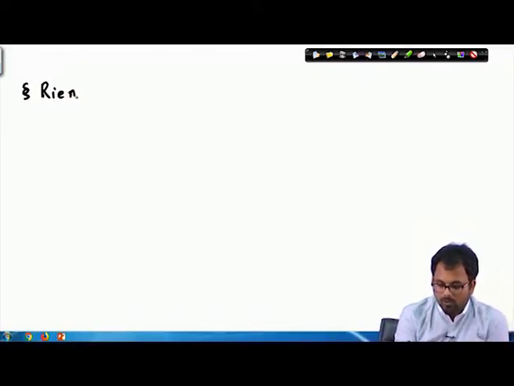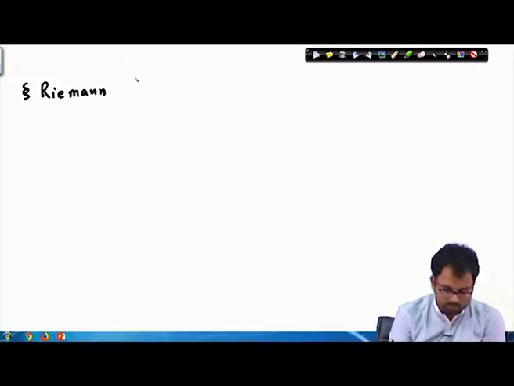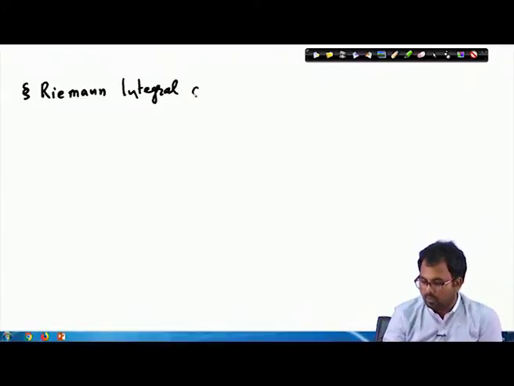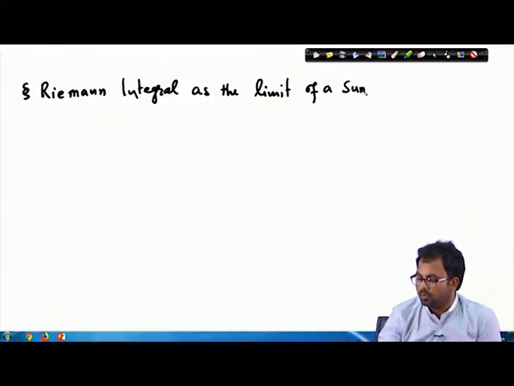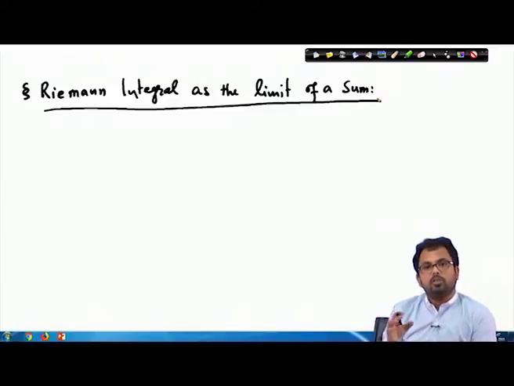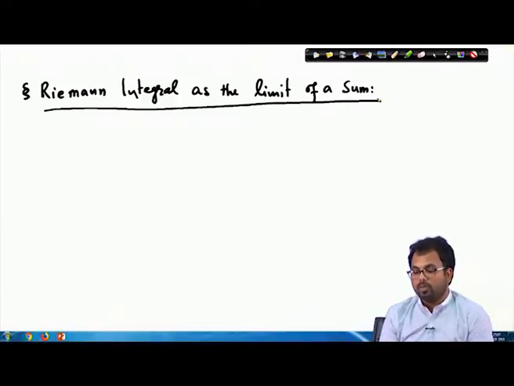The first one is the Riemann integral as the limit of a sum. This representation of a Riemann integral gives motivation to the definite integral. We will see what we mean by it.